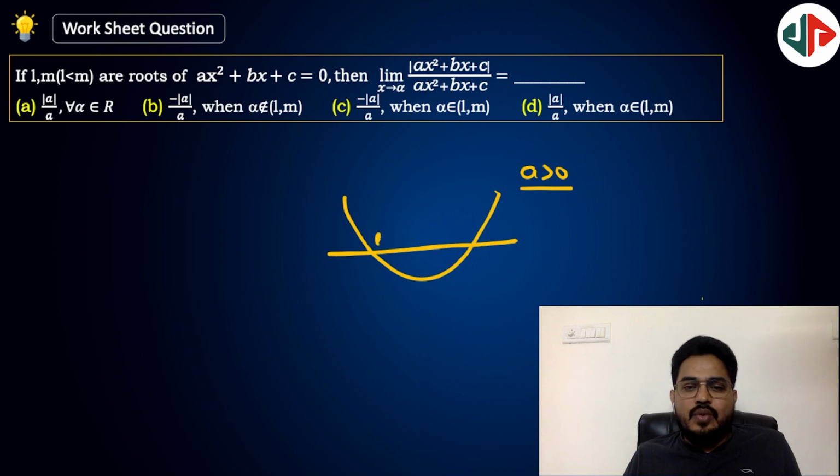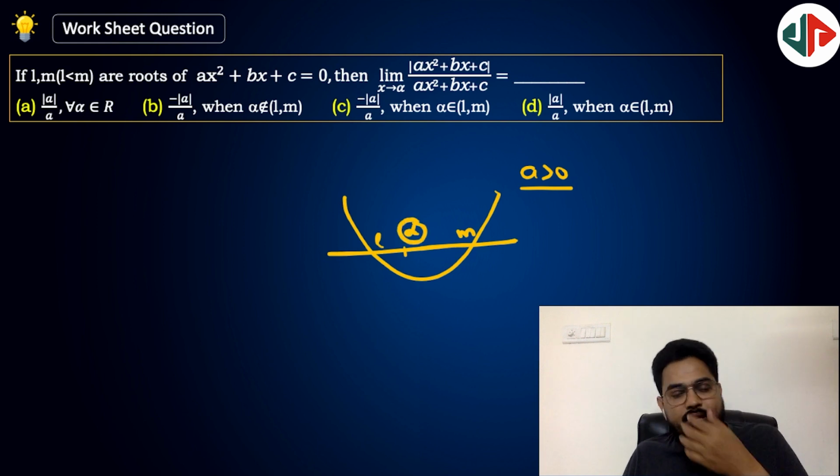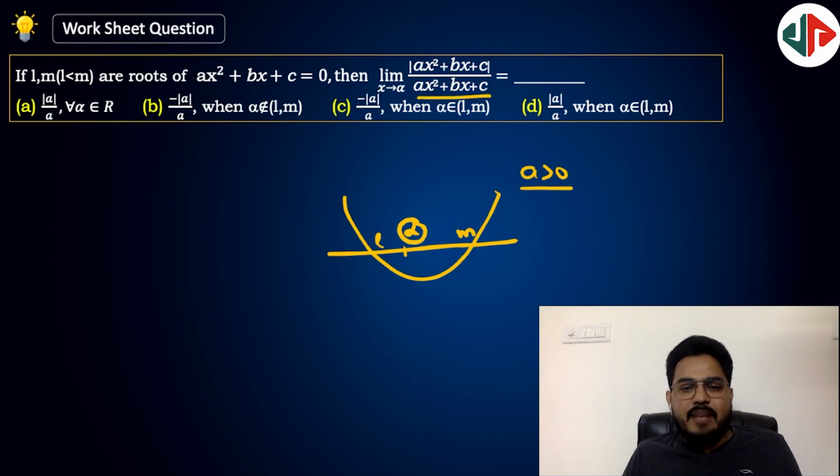These are the roots L and M. If alpha is any value between L and M, ax square plus bx plus c will be negative. So the answer is equal to minus 1.